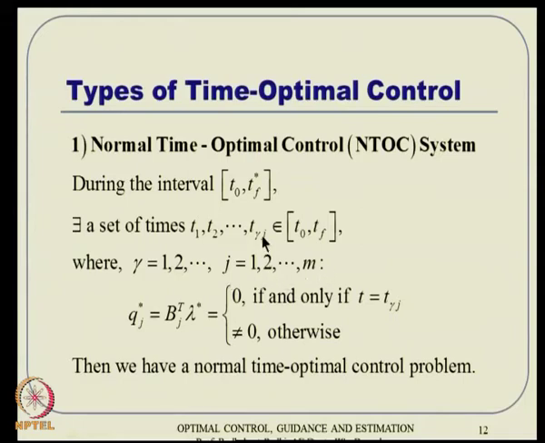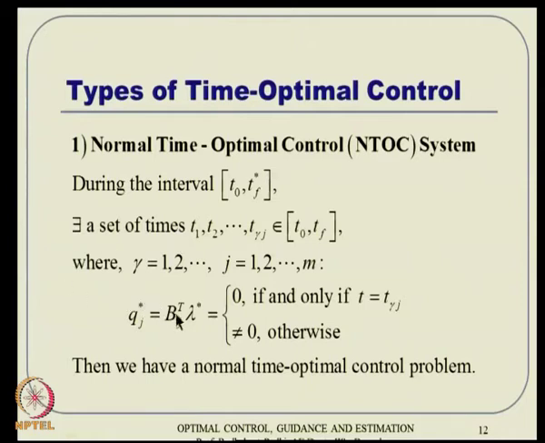That means j stands for the components of the control, and gamma stands for the number of crossings. Ultimately it will cross at T1, T2 up to T gamma j times at the maximum.